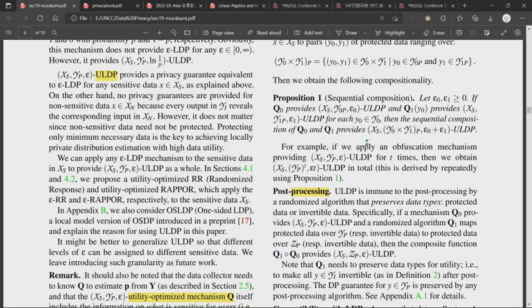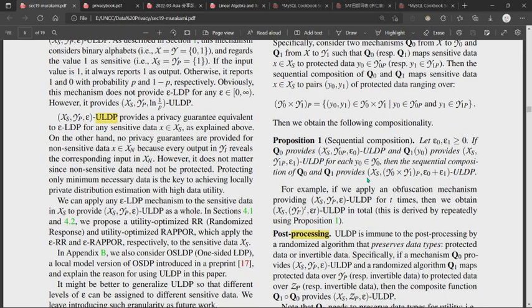If we apply an obfuscation mechanism providing ULDP t times, then we obtain in total this much ULDP, by repeatedly using proposition 1.